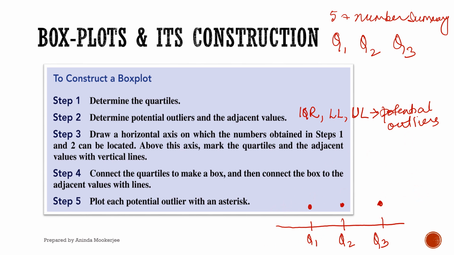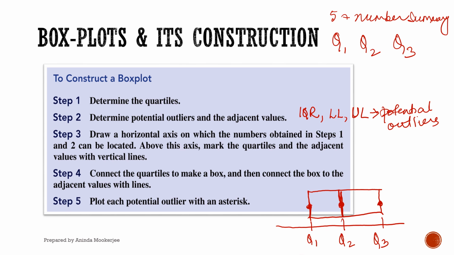All right. But what we should do once we have our quartiles plotted, just draw a straight line like this, right? And make a rectangular box, and lines running vertically through the dots above the horizontal line.